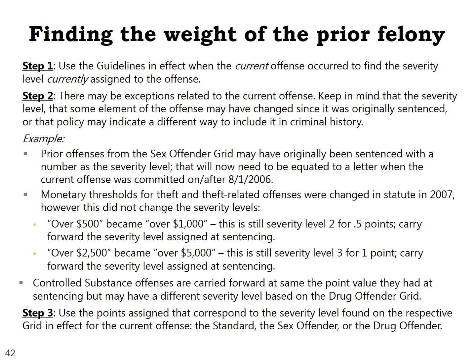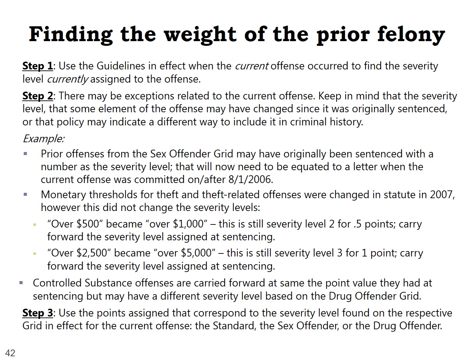Monetary thresholds can be a little tricky because we emphasize using the guidelines in effect when the current offense occurs to find the prior weights. But what happened with monetary thresholds for theft and theft-related offenses, and this is again why it would be a good idea to tab that page in the guidelines, well, those changed in 2007, but it wasn't a change by the commission to severity levels.